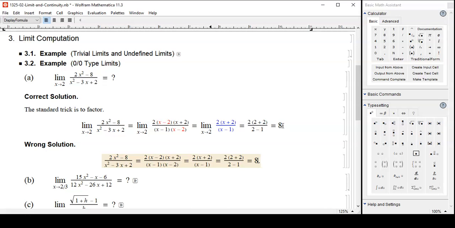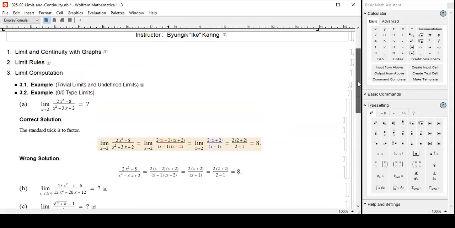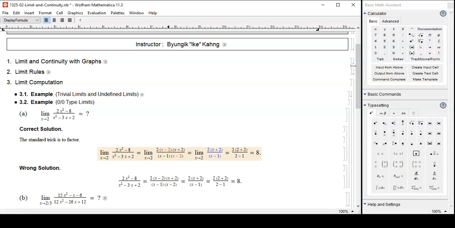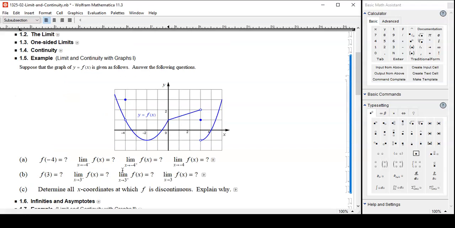What's the difference between this and that? This one comes with limit, no LIM. That's the difference. What is a limit? Limit is a value. It's a y coordinate. For example, limit of x going to -4 is this y coordinate value.